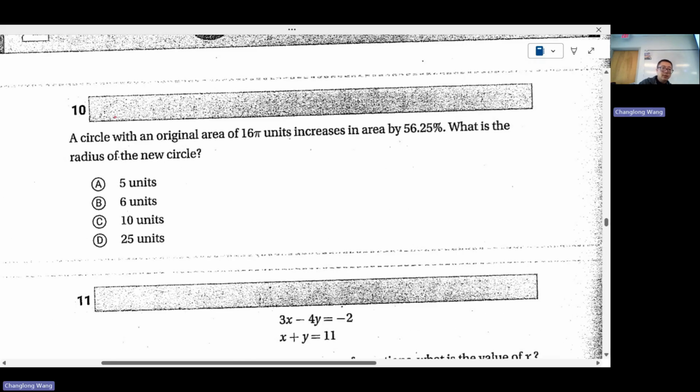But I'm actually very interested in number 10. All right, so go ahead.